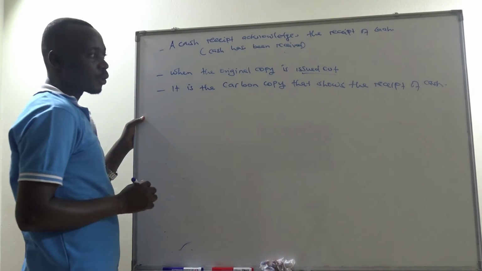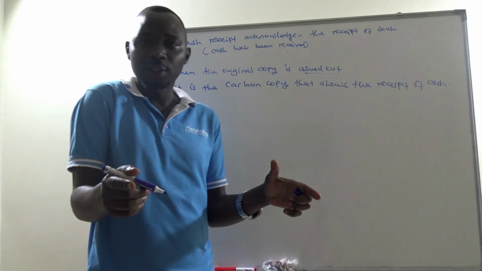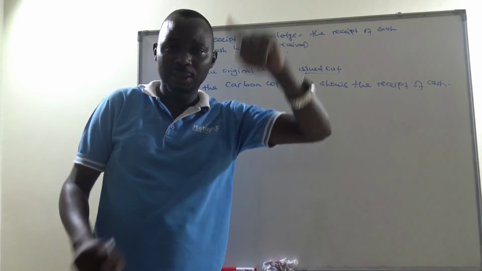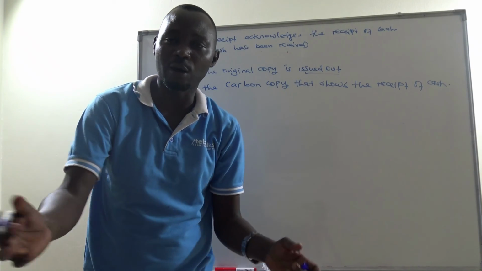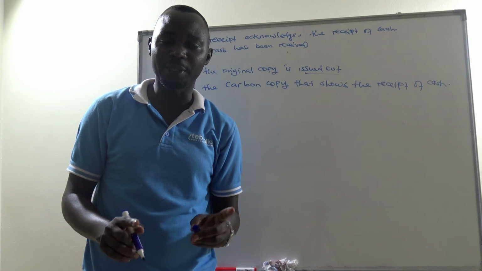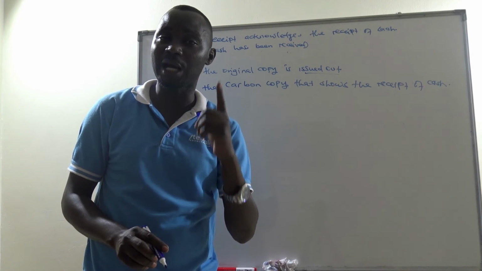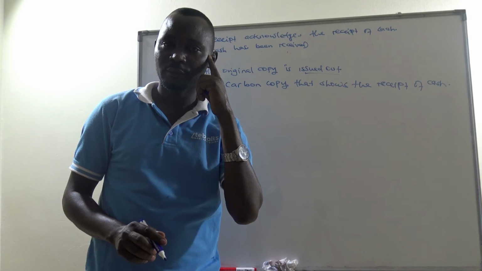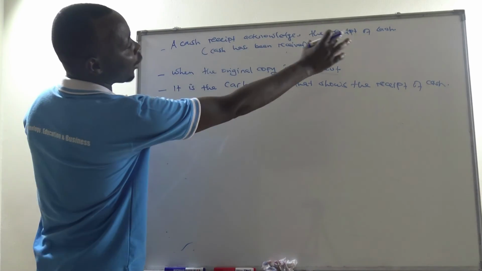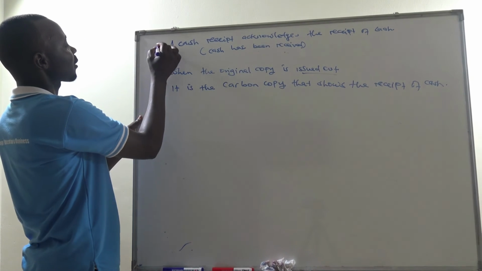So when you issue out, the original is taken by the person from whom you received the money, but you remain with the carbon. So when you are going through the books of accounts, it is the carbon copy that shows that you received the money at a given time. So this is now a cash receipt that acknowledges the receipt of cash.